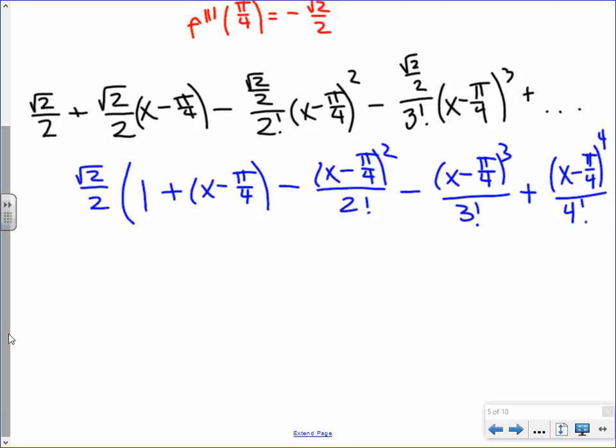Okay, so we have radical 2 over 2 times 1 plus, I can only get it to where we get positive, negative, negative, positive, positive, negative, negative, and start at 1.